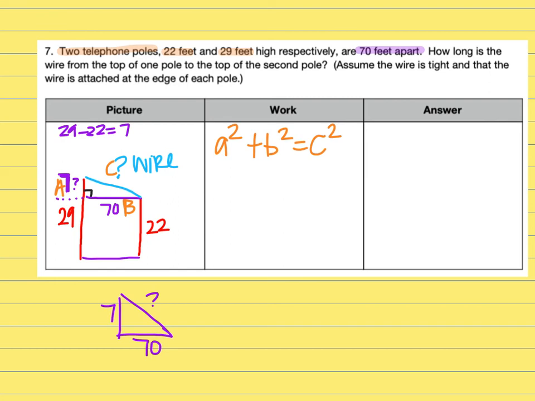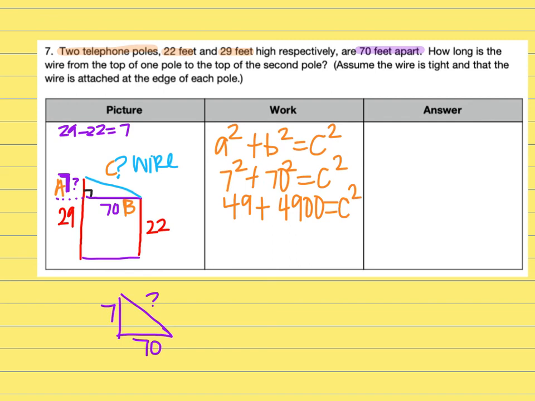This time I do know A and B. So for me, I'm picking A as 7. 7 squared plus 70 squared is equal to C squared. So 7 squared, or 7 times 7, is 49. 70 squared, 70 times 70, is 4,900.